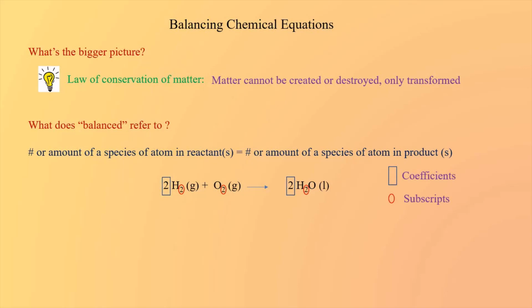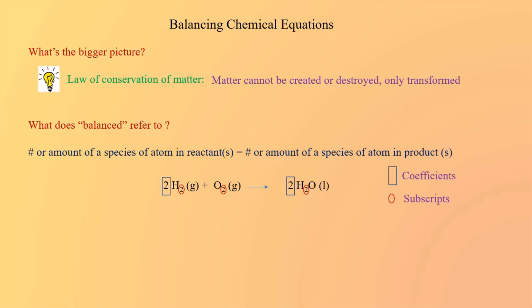Okay, so I have 4 hydrogens total on the reactant side. How did I get that number? I multiplied the coefficient with the subscript. And I do the same on the product side. I get 4 hydrogens, and I could do that for the other atom, like oxygen here, and I would still get 2. That means my equation is balanced.